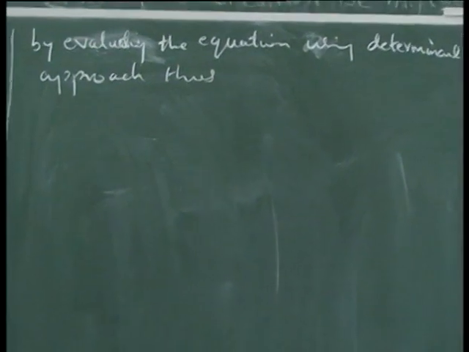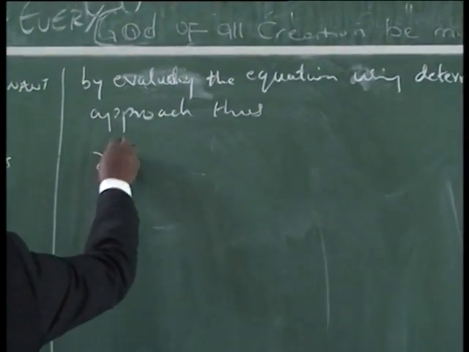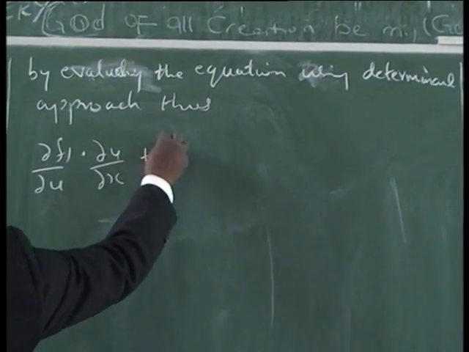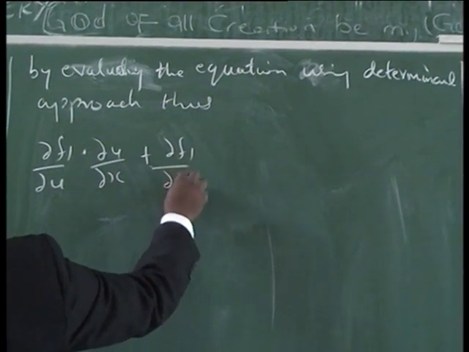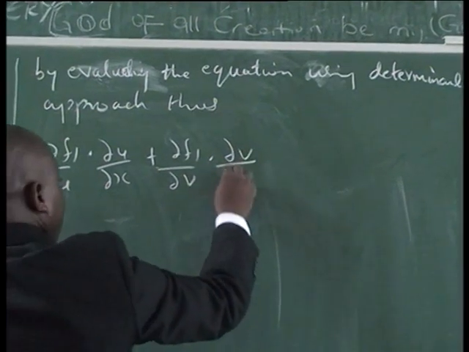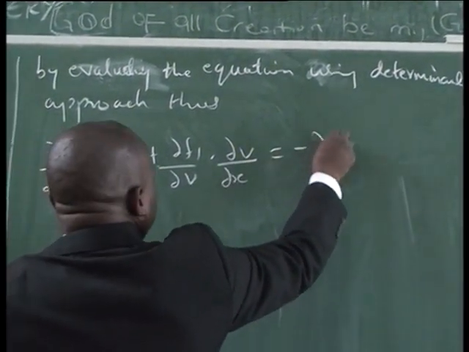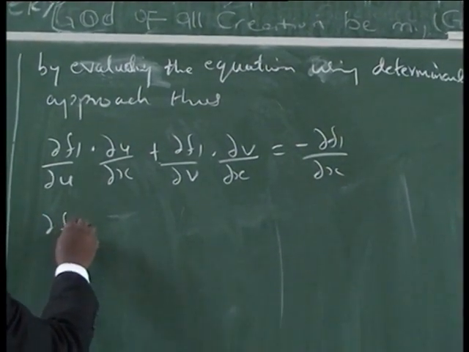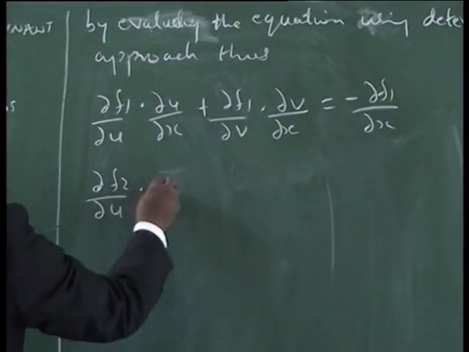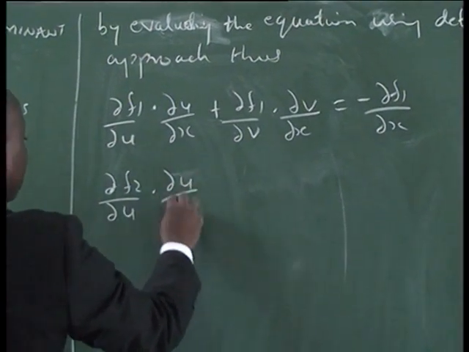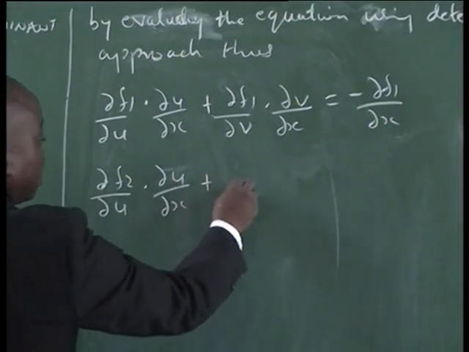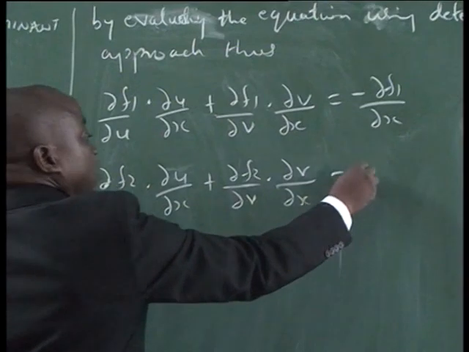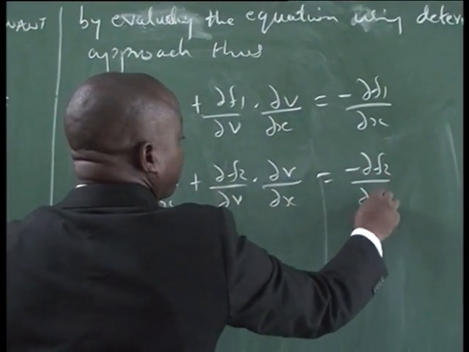You know that if we transfer this to this side, we can have that partial f1 partial u times partial u partial x plus partial f1 partial v times partial v partial x will be equal to minus partial f1 partial x, and also partial f2 partial u times partial u partial x plus partial f2 partial v times partial v partial x will equal minus partial f2 partial x.